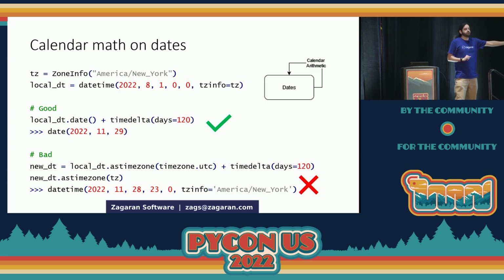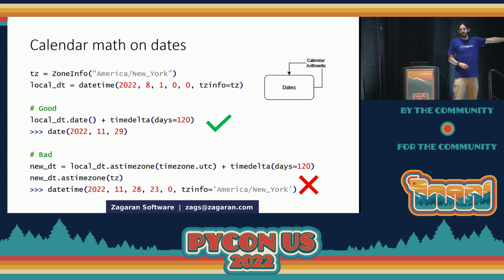But if we do 120 days as a UTC duration, we're going to run into problems because of daylight savings time. An extra hour gets added, and so our duration doesn't actually cover all of that. Fundamentally, we're not trying to add 120 days times 24 hours times 3,600 seconds.